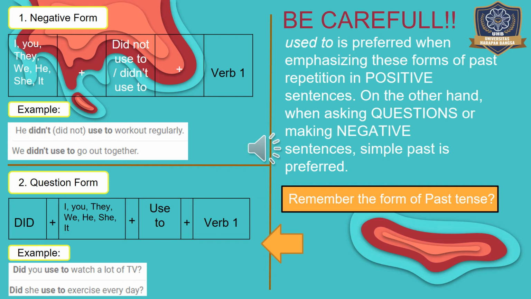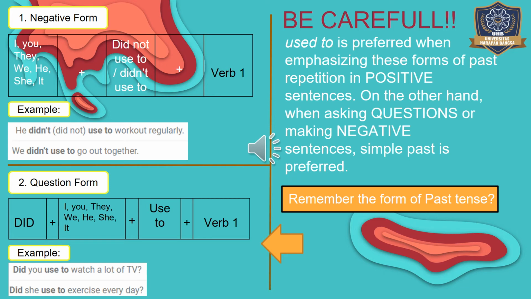Example of the sentence: did you use to watch a lot of TV? Did, the subject is you, then follow directly with use to without D, and the verb 1 here in the first example is watch.